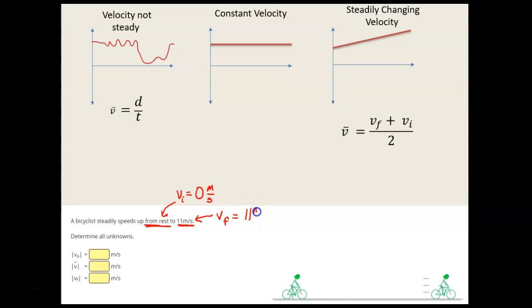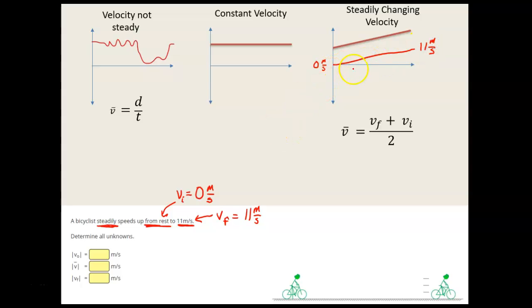Okay? And they're telling us that we didn't get from here to here in kind of an inconsistent way. We got here in a steady way. We steadily speed up, right? So they're telling us we have this situation. They're telling us our initial speed is 0 meters per second, and we steadily sped up very linearly to 11 meters per second.